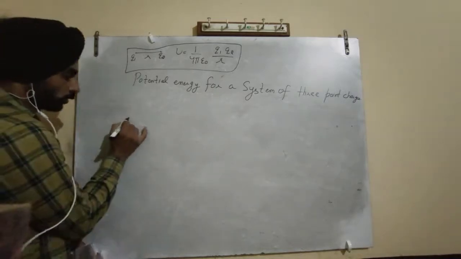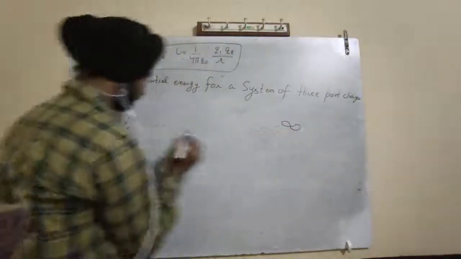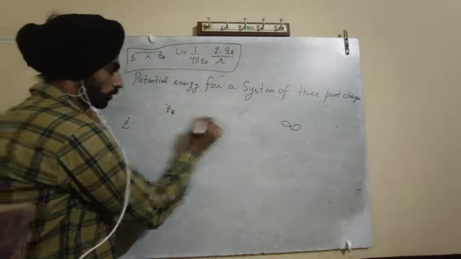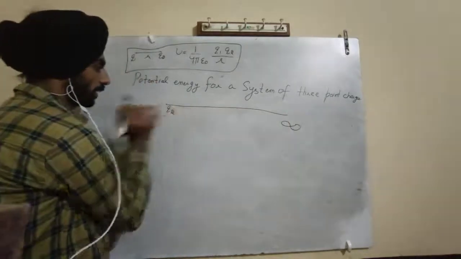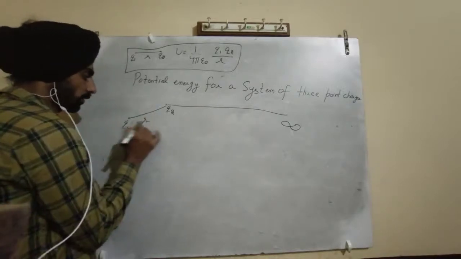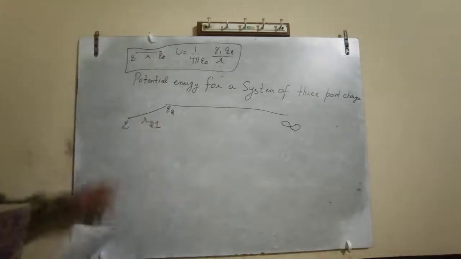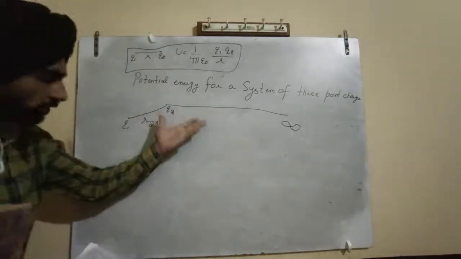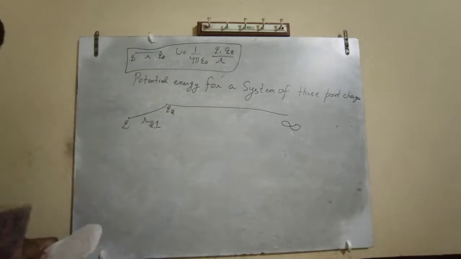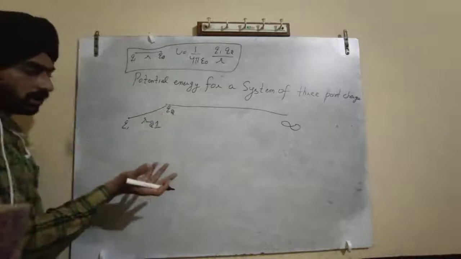Q1 is already there, and you have brought Q2 from infinity. This is the position vector R21, from the first charge towards the second. So you have brought Q2 from infinity to a distance r21 from Q1.